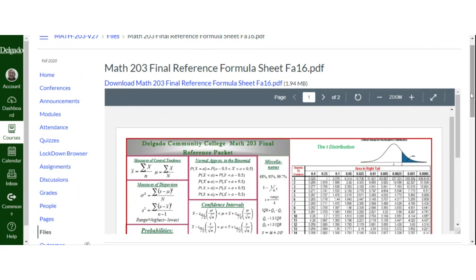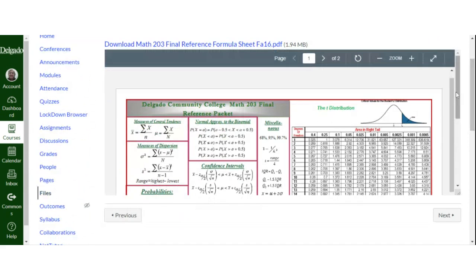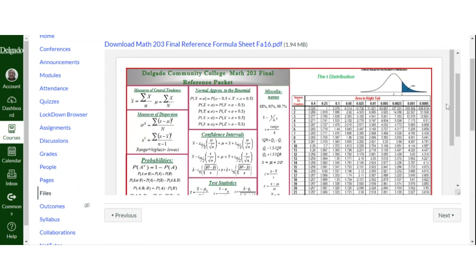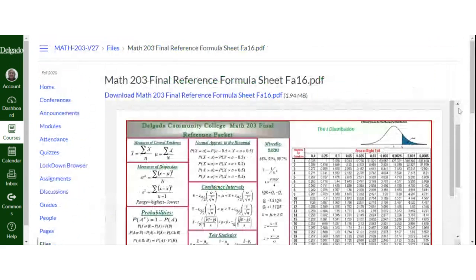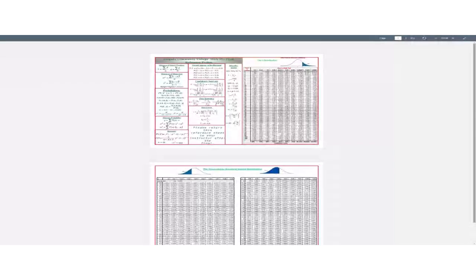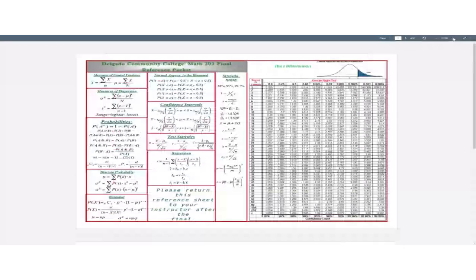So let's see, can I make this large? For right now, everything that we've covered so far, that's as big as I can make it.